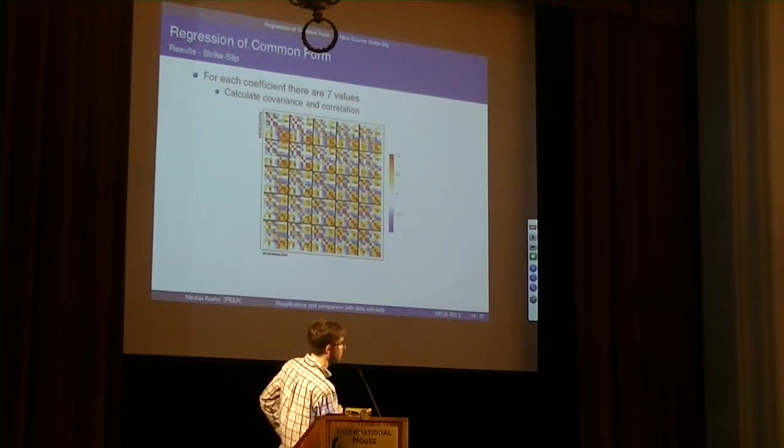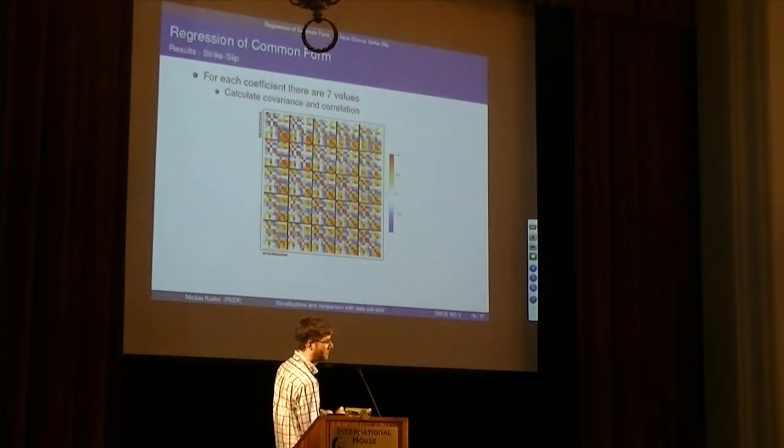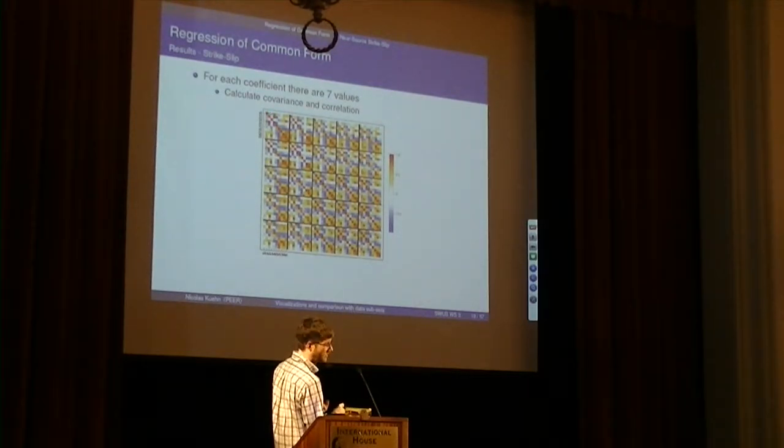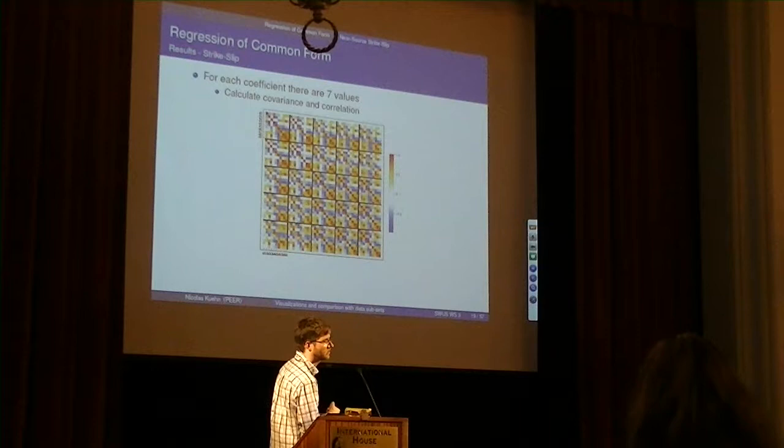And each of these corresponds to a coefficient. So this is the correlation between coefficient A0 and A1, both at 0.01 seconds. This is the correlation between A0 at 0.01 seconds and A1 at 0.2 seconds. And so on and so on. You can go through all of those.